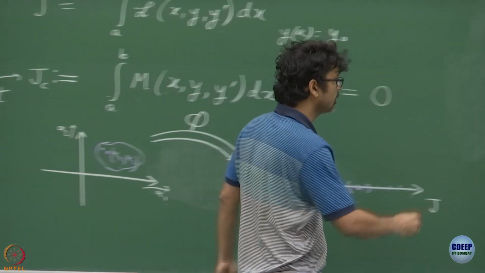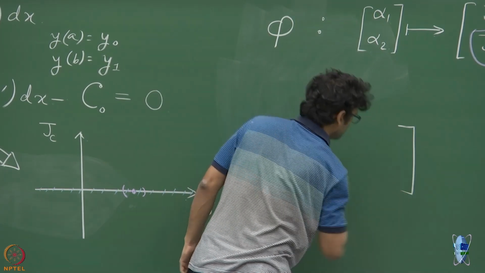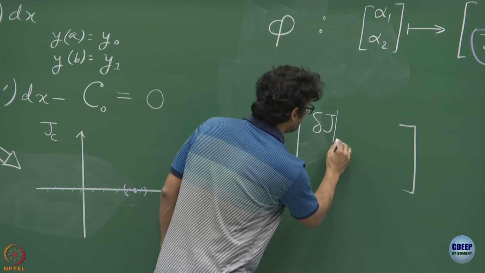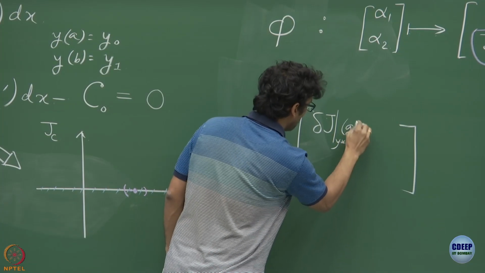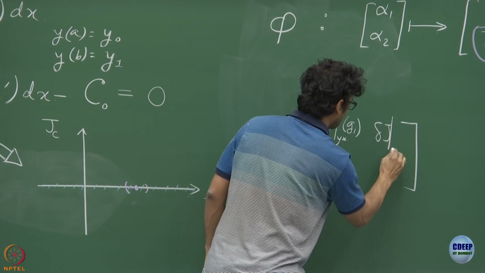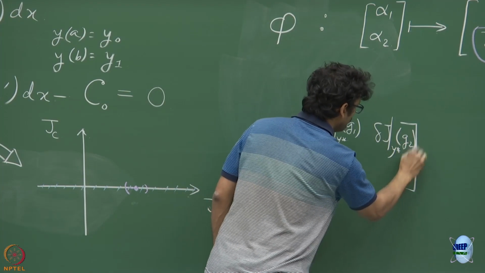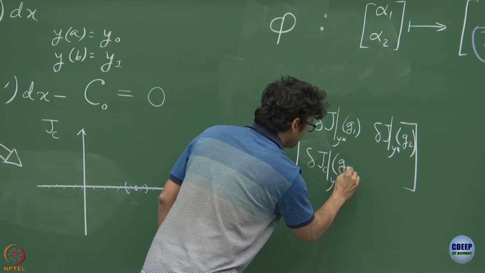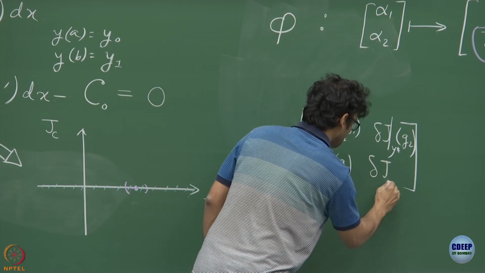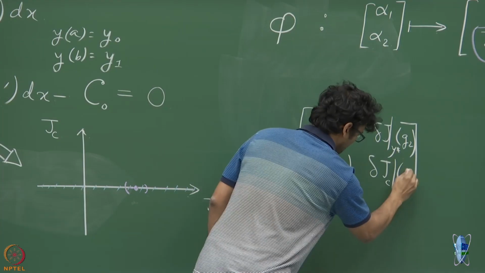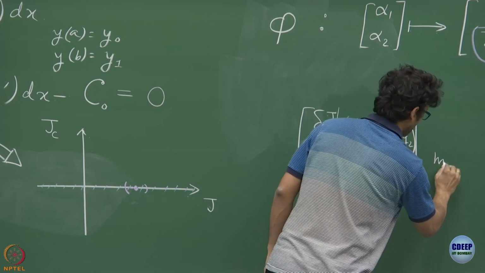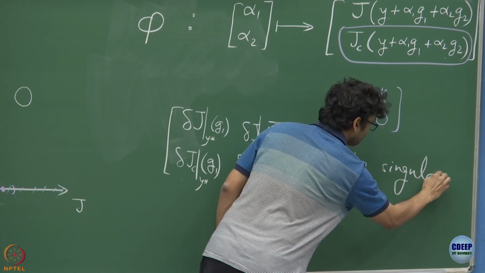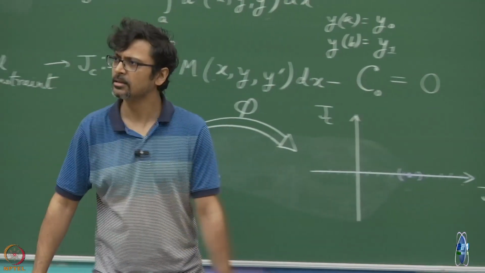So essentially what you are saying is that, pay very careful attention, this fellow here at some y star along the direction of G1 and this fellow here at some y star along the direction G2, and JC at y star along the direction G1, JC at some y star along the direction G2 must be singular, isn't it? You've already seen the partial derivatives, right?